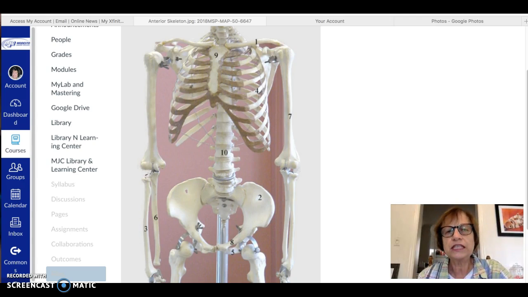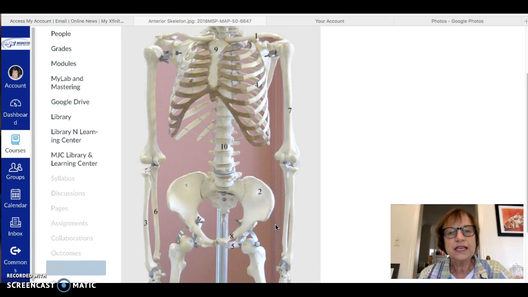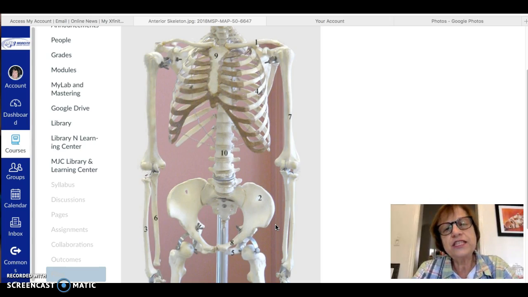Most of the material is in the lab where you have the skeleton, which you're seeing here, and you'll have actual skulls looked at from different angles, and then the bones of the arms and legs, the pectoral girdle, which is the scapula and clavicles, and the pelvic bones and the bones of the legs. So you'll be looking at all these bones and learning the names.